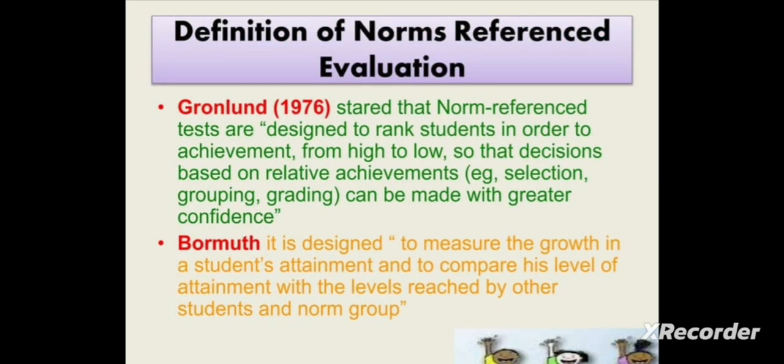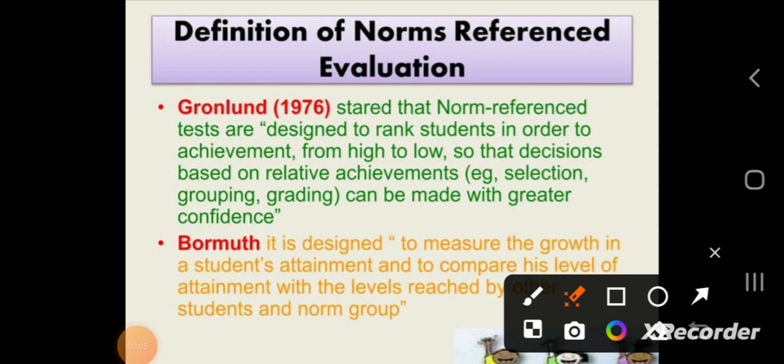Definition of norm-referenced evaluation. Gronlund, 1976, stated that norm-referenced tests are designed to rank students in order of achievement from high to low, so that decisions based on relative achievements, for example selection, grouping, grading, can be made with greater confidence.